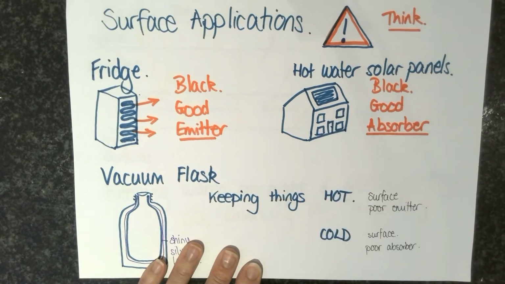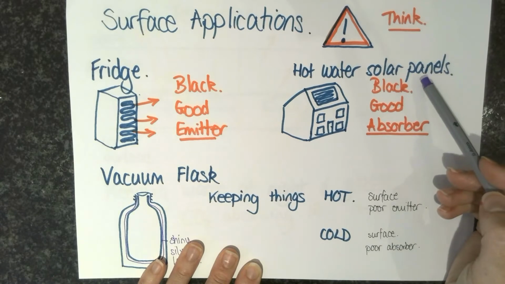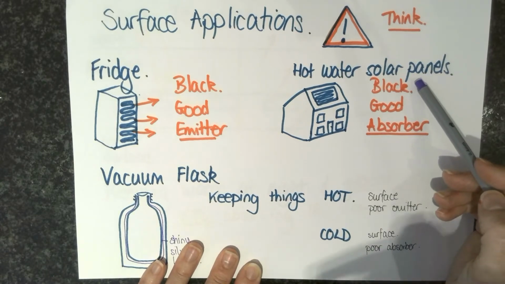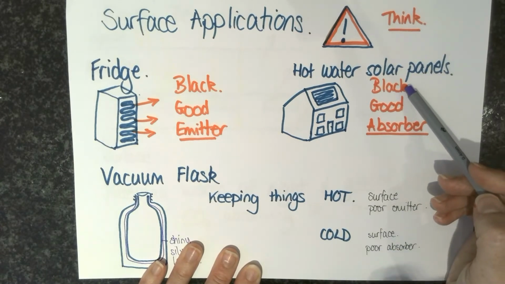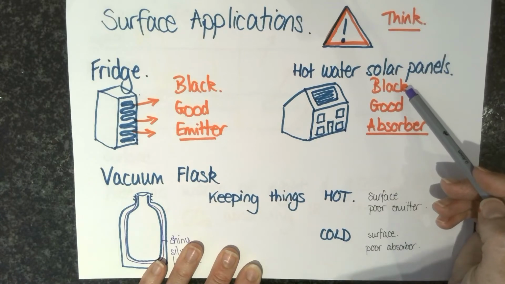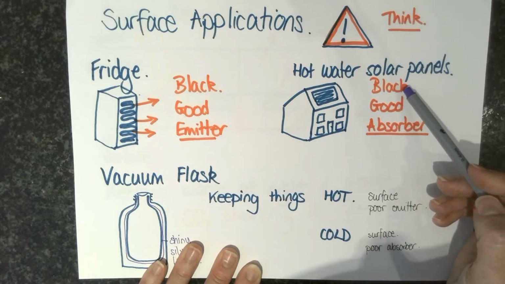Some people have hot water solar panels on their roofs. Now don't get confused between solar panels and photovoltaic cells. A photovoltaic cell is sometimes called a solar panel as well, but that is where we're turning solar energy into electrical energy.